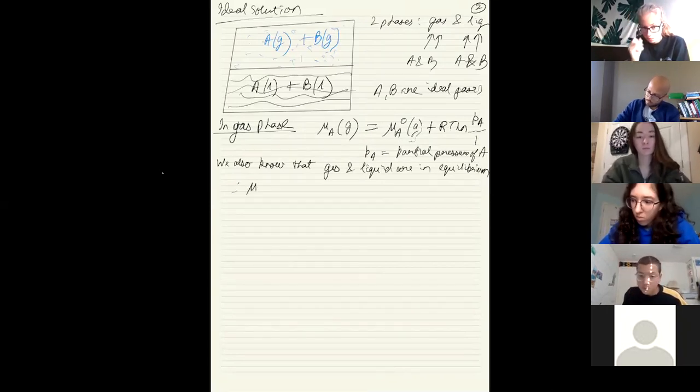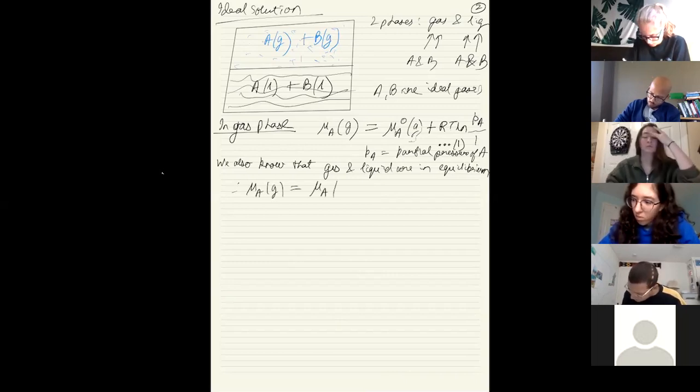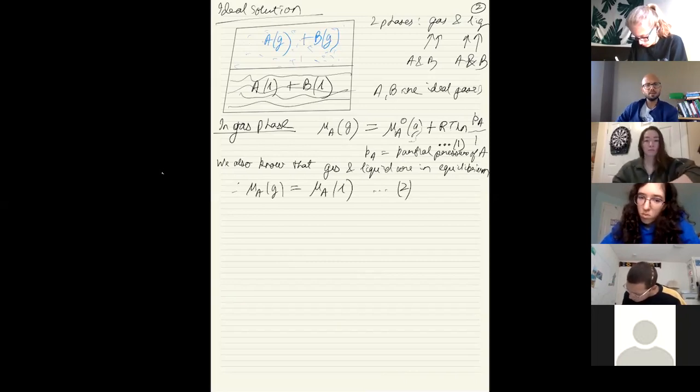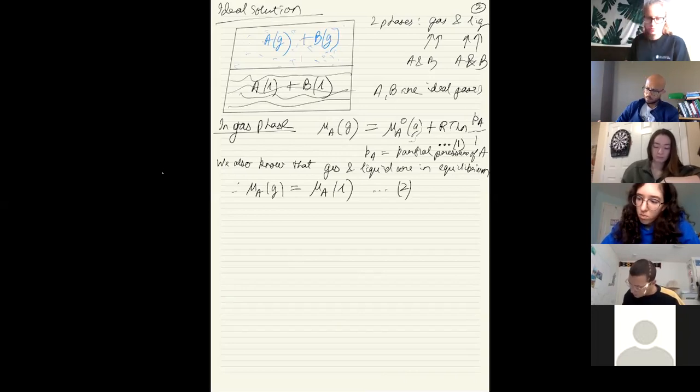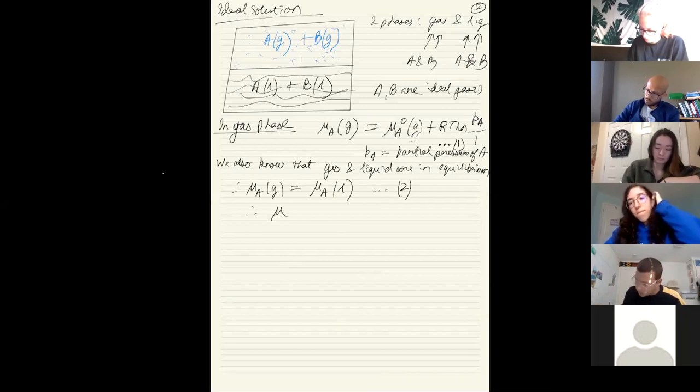Therefore, let's number this equation. This numbering today will be quite important. So let's call it equation number 1. Mu A gas should be equal to mu A liquid. And you should be able to write a similar equation for B. We just do A, that's sufficient for our purposes. And we just wrote down that mu A gas is equal to mu A naught gas plus RT ln PA.